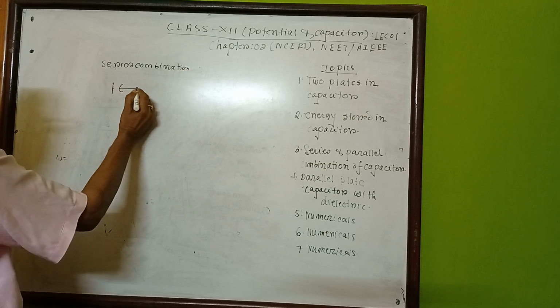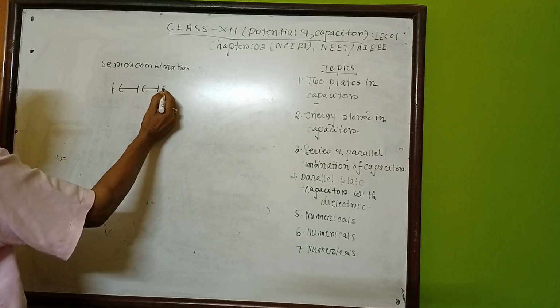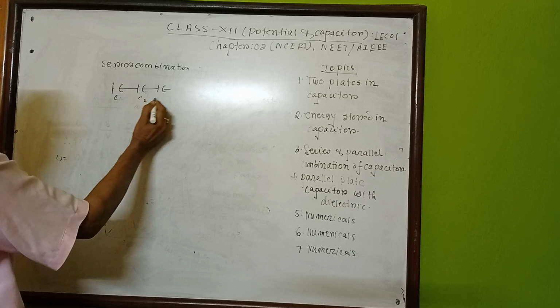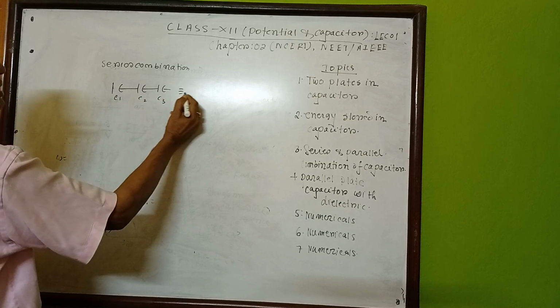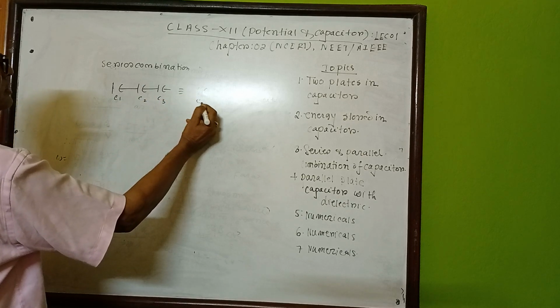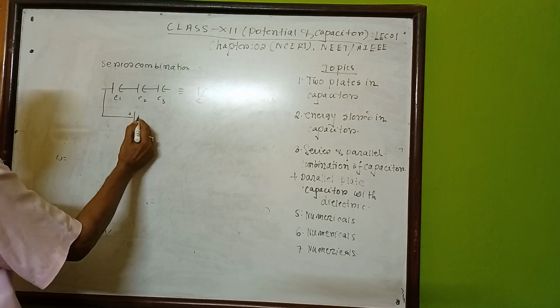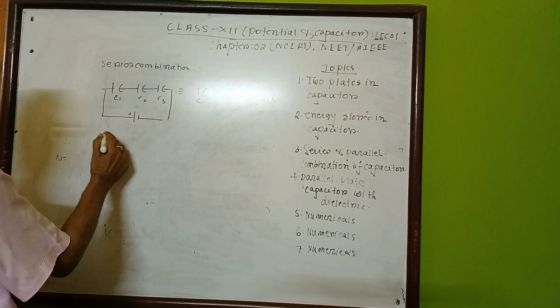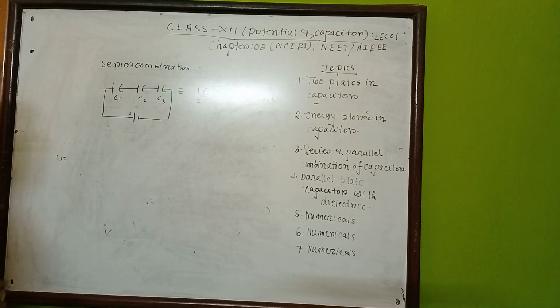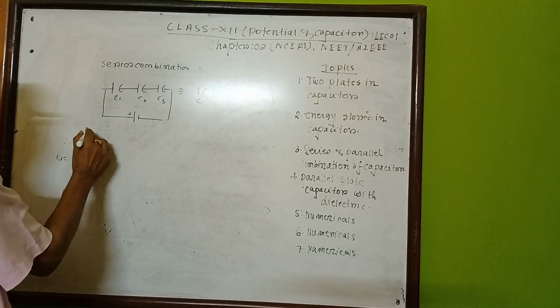Suppose a few capacitors C1, C2, C3 are in series, equivalent capacitance is C. Now children, it is connected with a battery of voltage V.